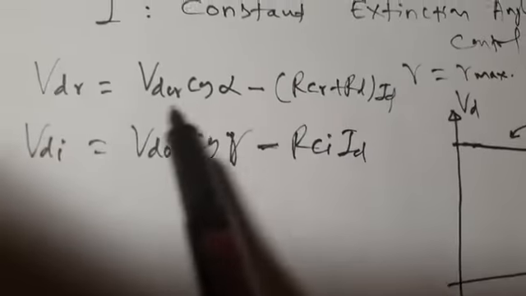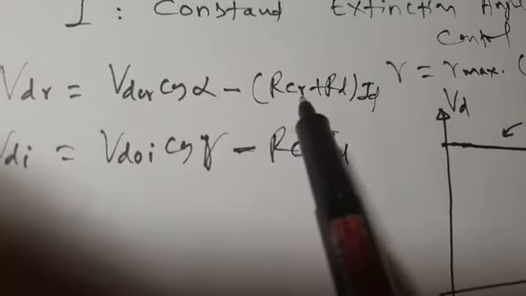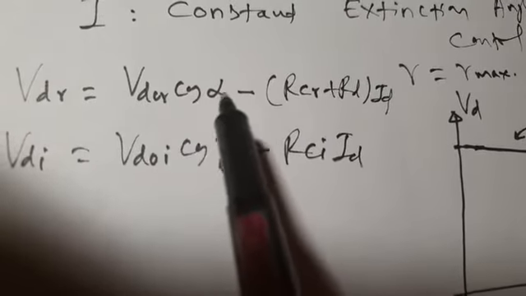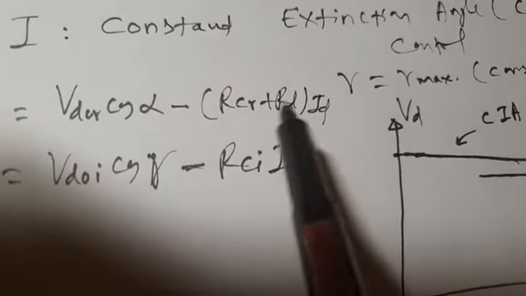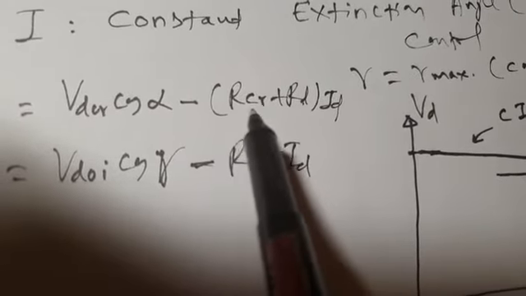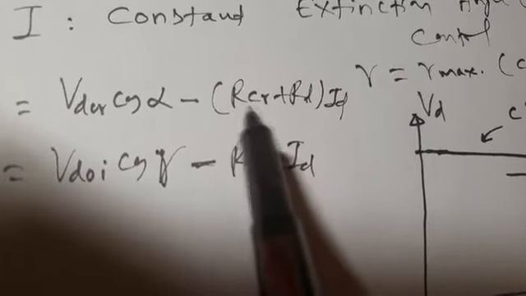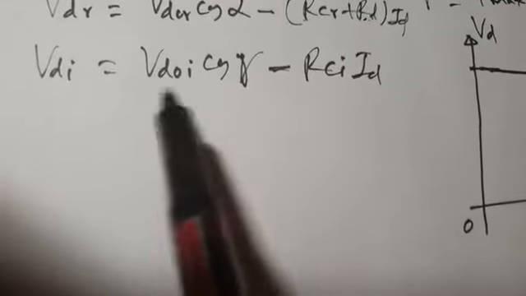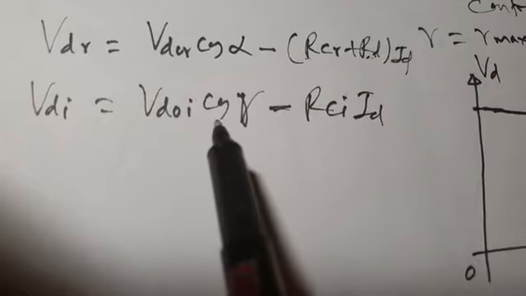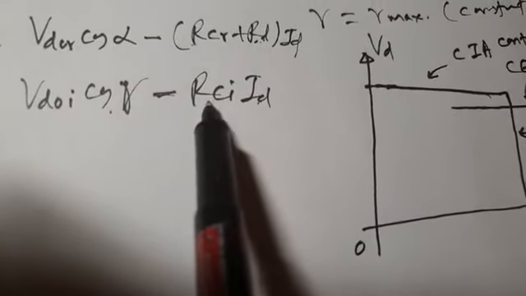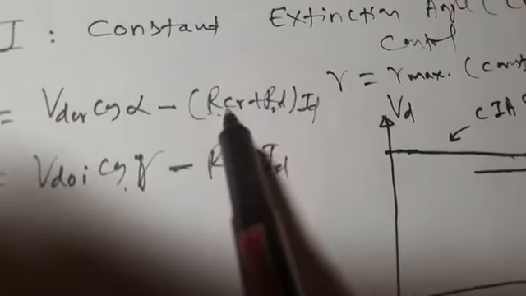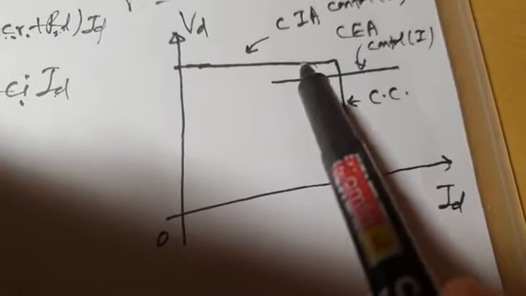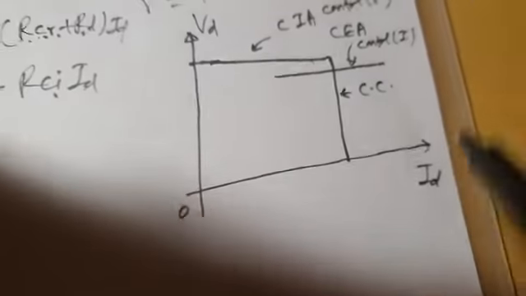On the rectifier side, when you find the rectifier average output voltage, this is VDOR cos alpha, that is average output voltage of the converter, minus voltage drop in the transmission line, and voltage drop because of equivalent commutation resistance, because of overlap angle. So these two. And for inversion, it is equal to inverter average output voltage minus current into equivalent commutation resistance of inverter. So therefore this drop is more than this drop. So therefore slope of rectifier characteristic is more than the slope of inverter characteristic.